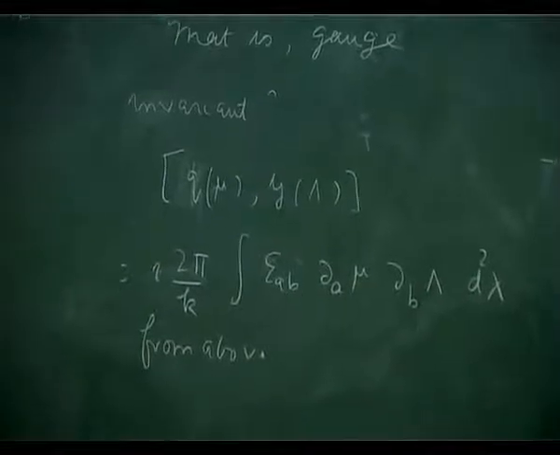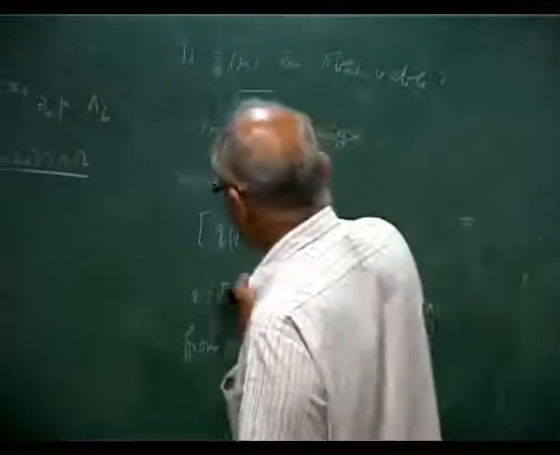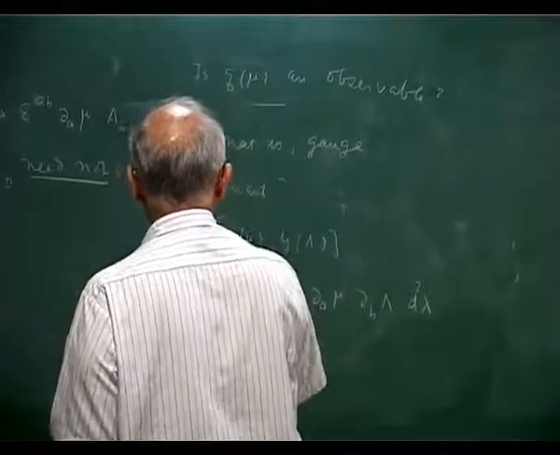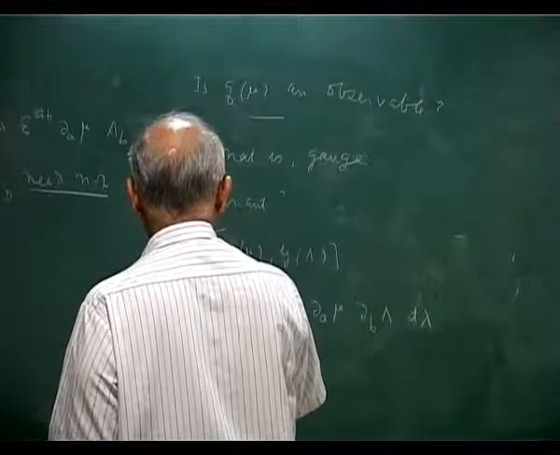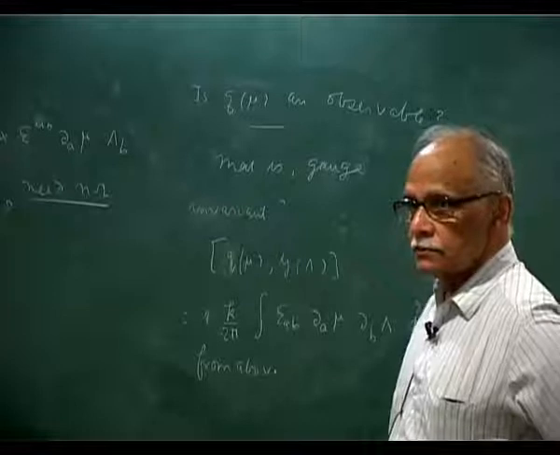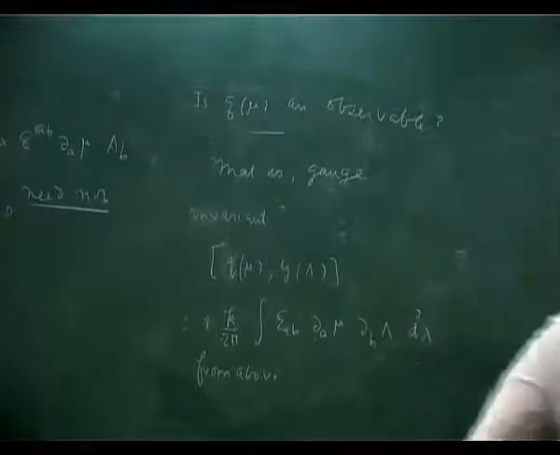I am writing here k over 2 pi. Let me follow the rules. Sorry?